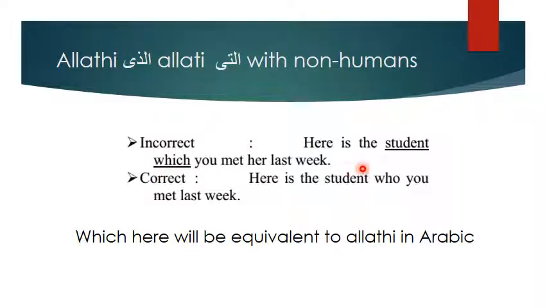Okay, so they use incorrectly which with the human or with humans. Okay, so here is the student which you met here last week. The first error is here insertion, and the second is the use of which with a human, with modifying a human. Okay.